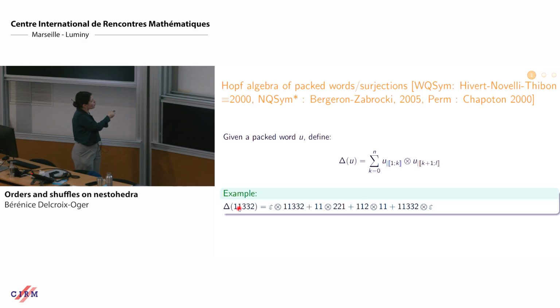Or you can consider 1, 1, and you get 1, 1, and you have to standardize 3, 2, which standardizes to 2, 1. Or you can choose 1 and 2. If you choose 1 and 2, you get 1, 1, 2 here. And 3, 3 is standardized to 1, 1, and so on and so forth. So once again, it is a Hopf algebra. This coproduct is an algebra morphism.